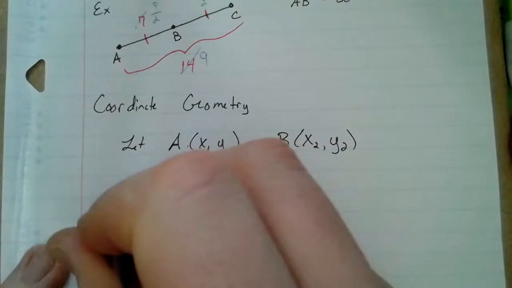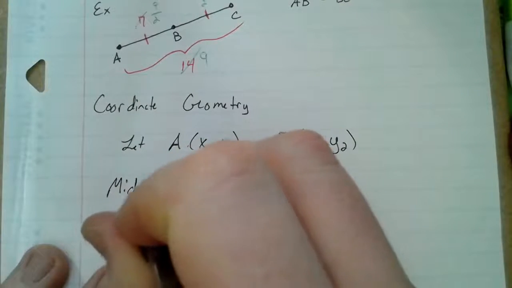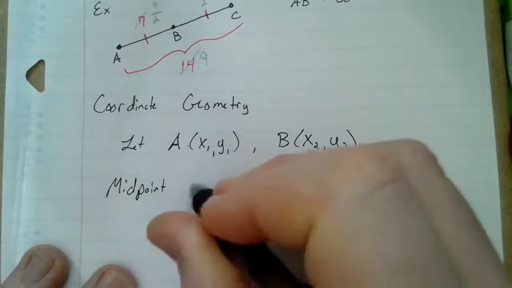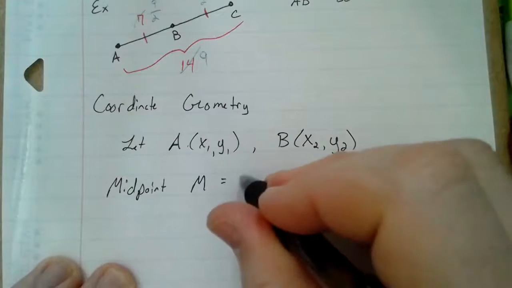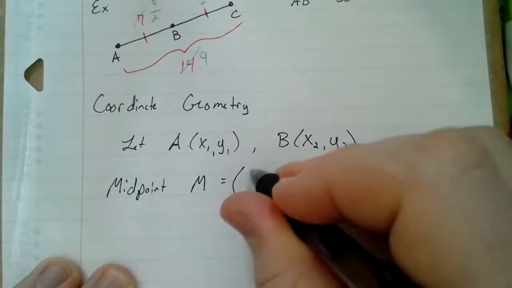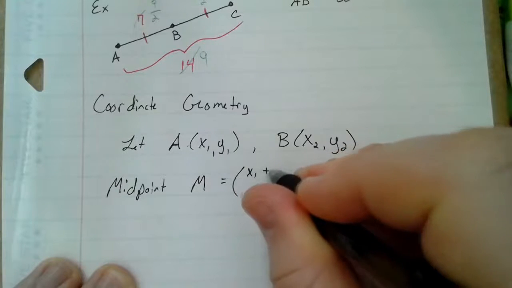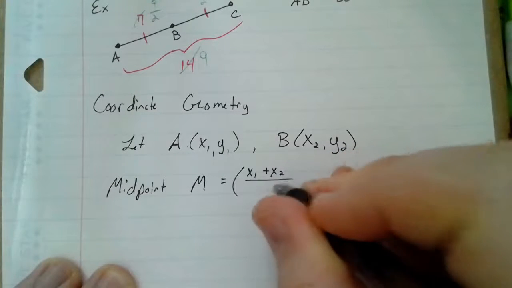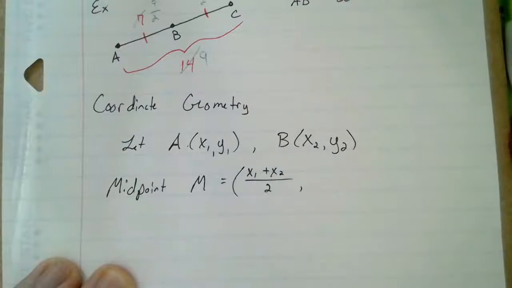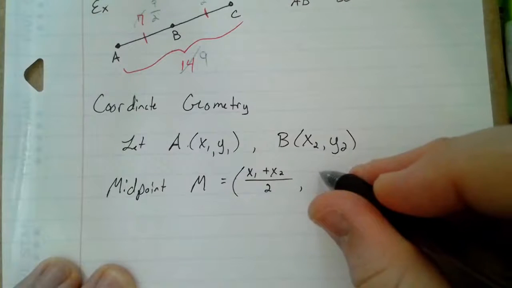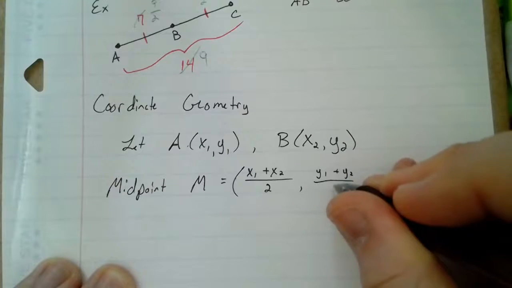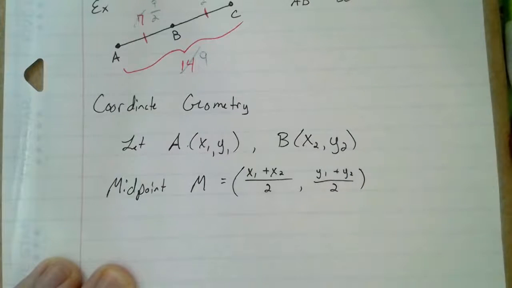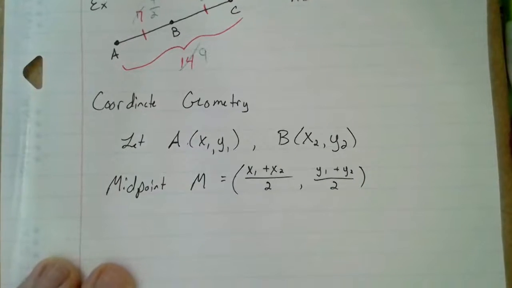So the midpoint, we'll call it M, will have coordinates x1 plus x2 over 2 for the x coordinate, and the y coordinate will be y1 plus y2 over 2. So that's going to be our midpoint formula.